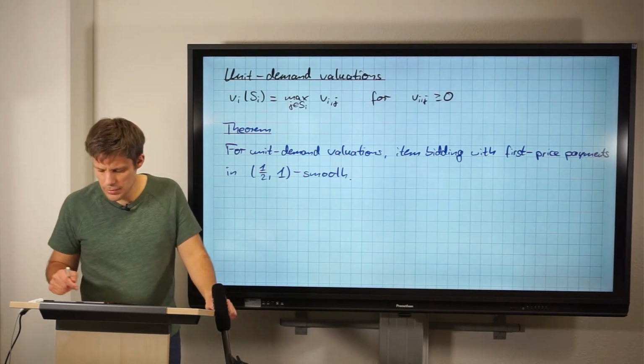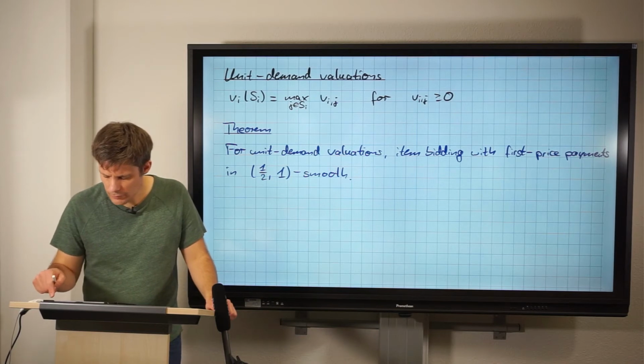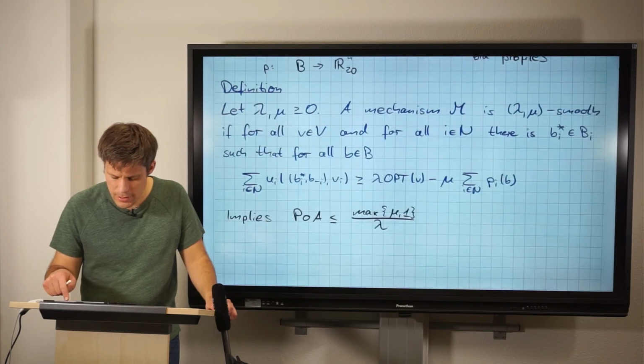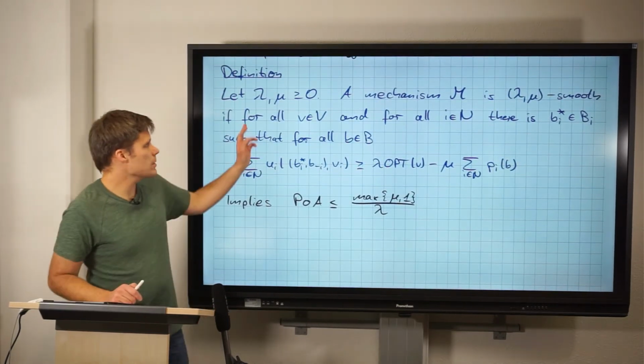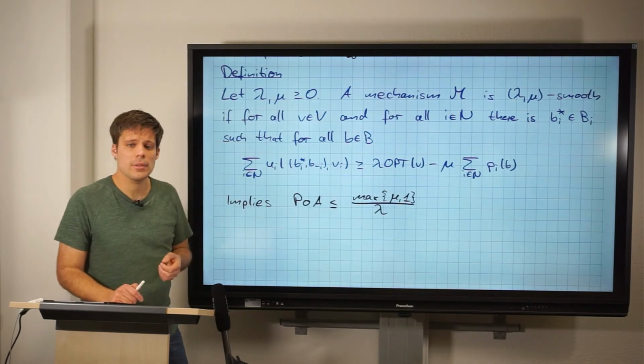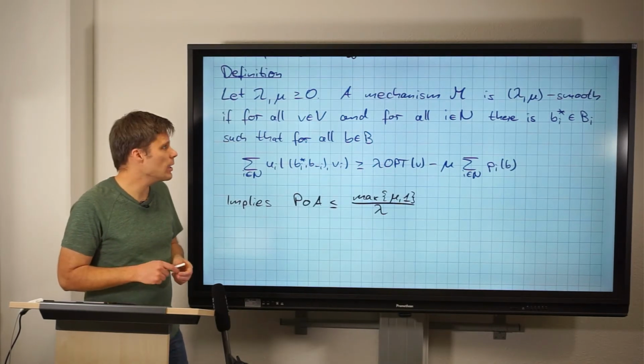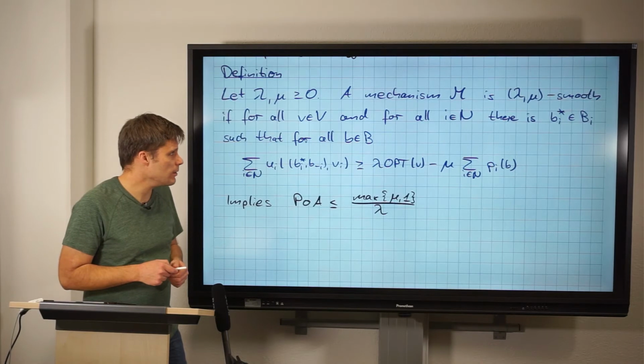Good. How do we prove this? Maybe let's first recall what the smoothness definition wanted from us. It wants lambda and mu. Lambda is a half, mu is 1 in our case.